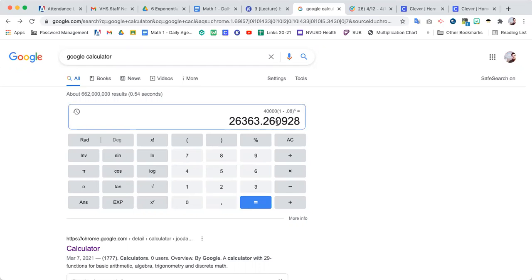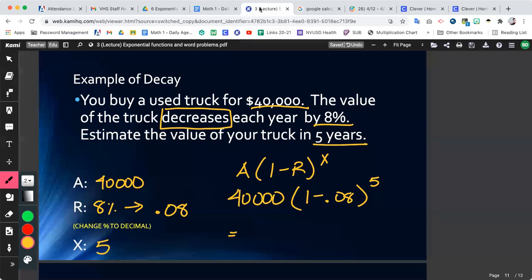The number after the 6 is a 0, so we just keep 0.26. So 26,000, then we have $363.26. That's how much the truck is worth after 5 years.